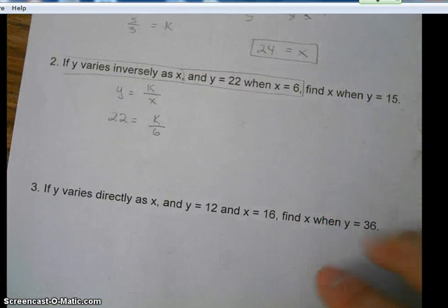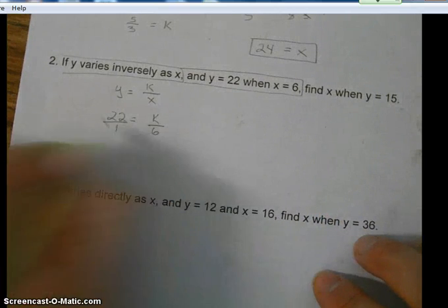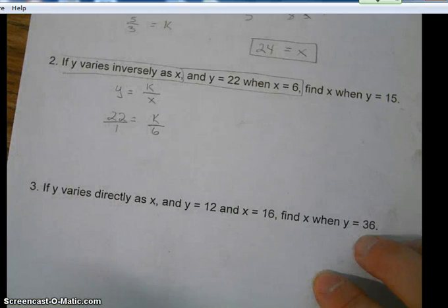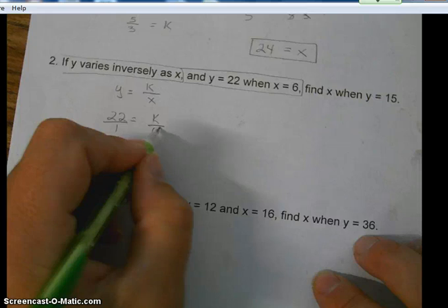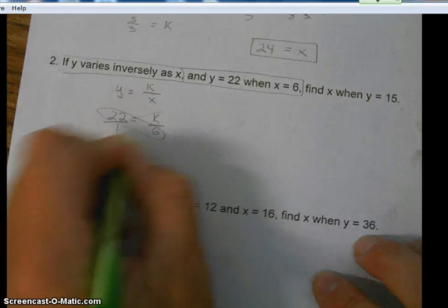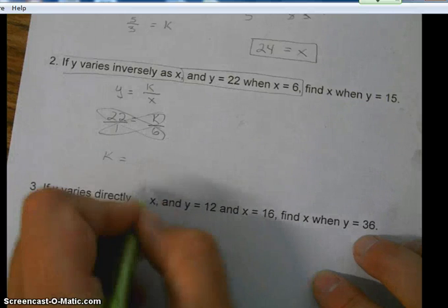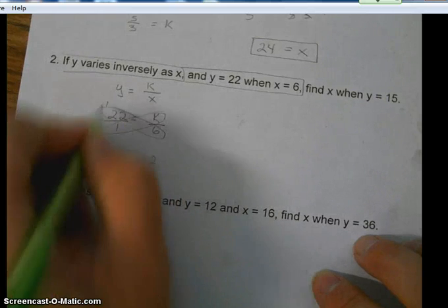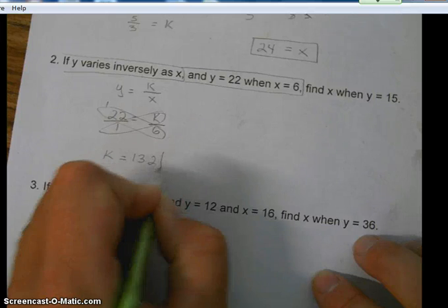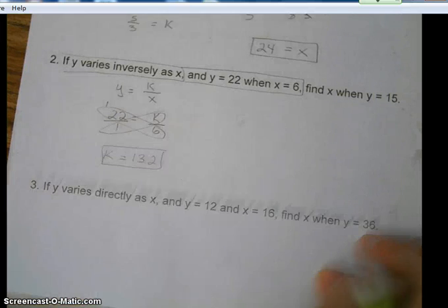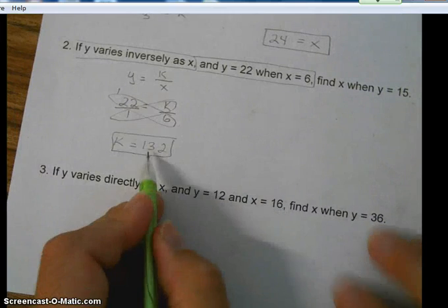So finding the constant of variation, we're going to make this into a proportion and cross multiply. So k equals 6 times 22 is 132. There's your constant of variation.